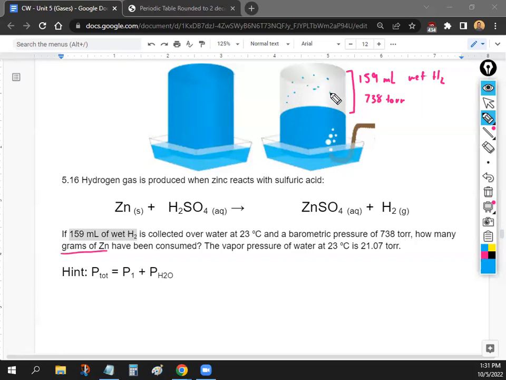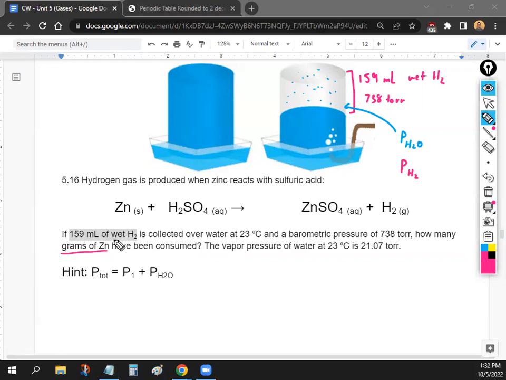And so before we even collect the H2, there's going to be some pressure of H2O. There's going to be the pressure of H2O gas in there. Does that make sense? Okay. But we also produced H2, so that means there's going to be a separate pressure from the H2 gas.